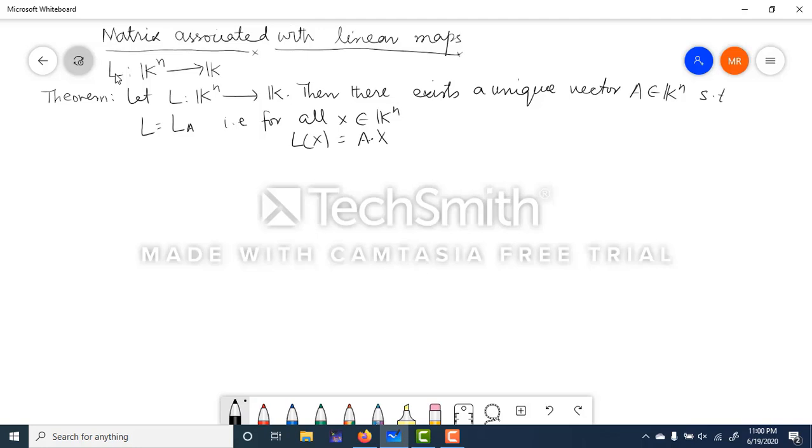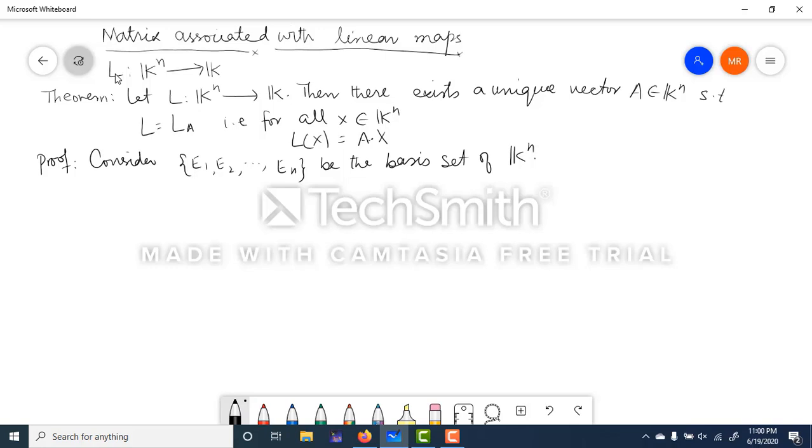The proof: we consider the standard basis set e1, e2 up to en as the basis set of K^n.